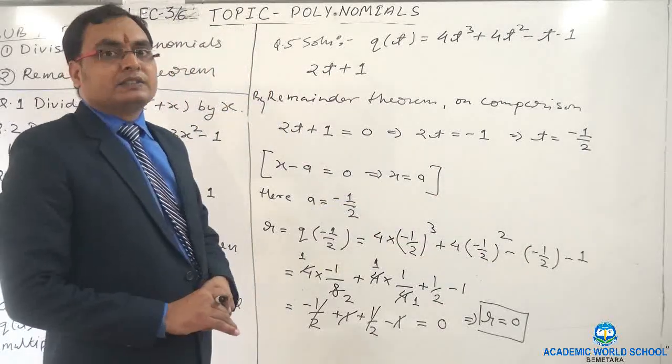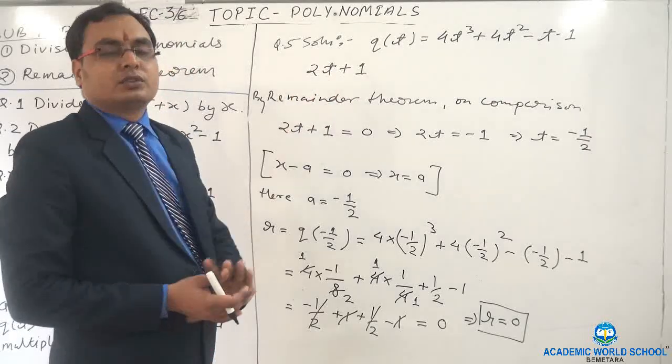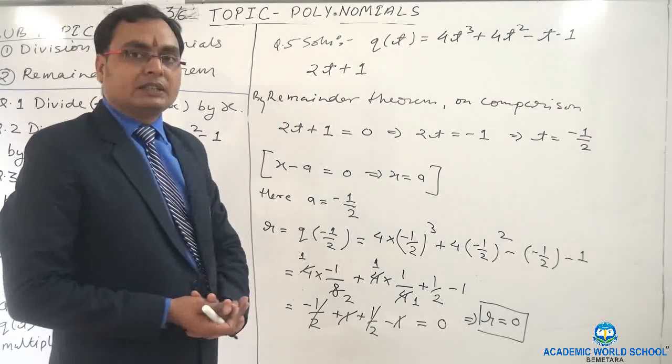If remainder r is 0, it means this polynomial q(t) is a multiple of this linear polynomial 2t plus 1.